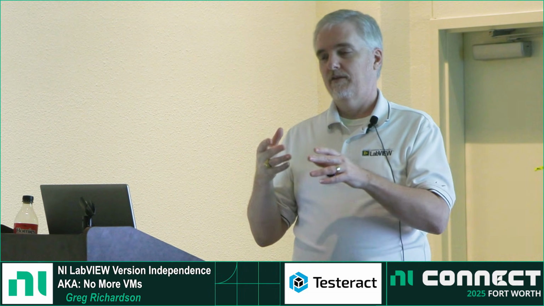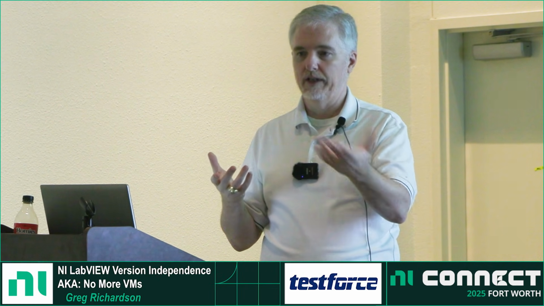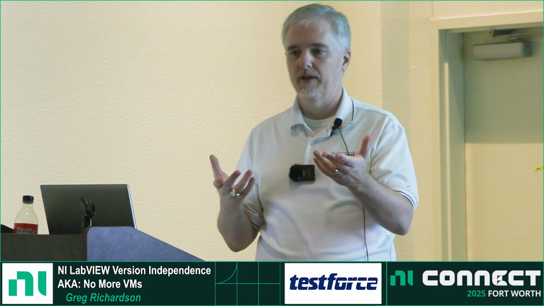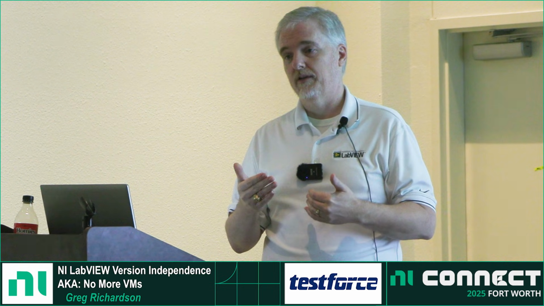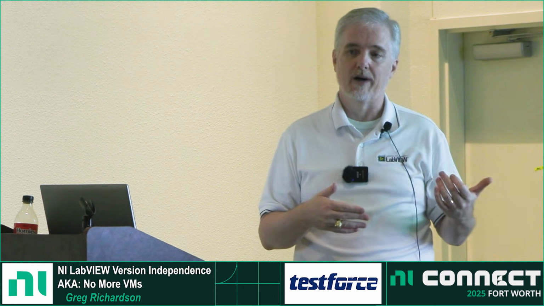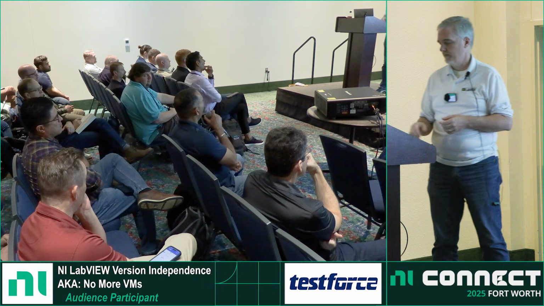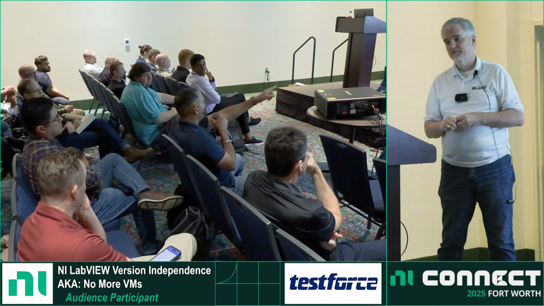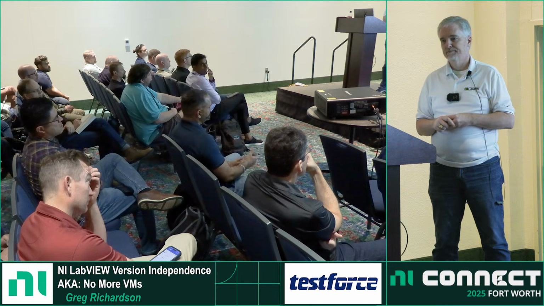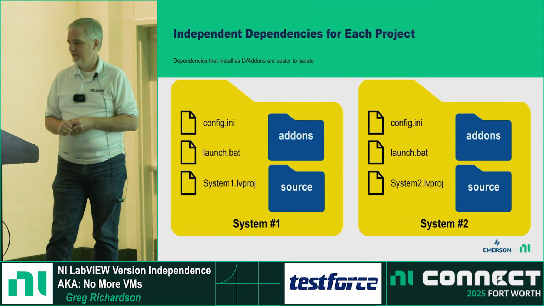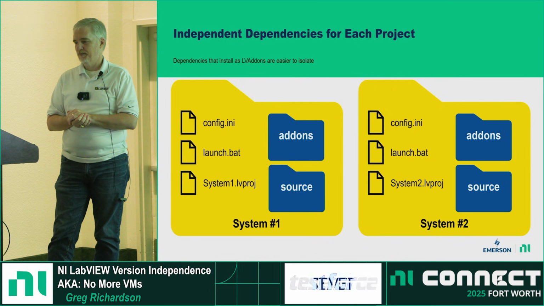Now, if you're trying to run it and there's issues because you needed the specific version of those dependencies, it's going to have a problem. So yes, right now it does take a little bit of discipline to make sure you're running with the right INI file to get the dependencies you want if you're using this approach. So you'll pretty much have a bunch of shortcuts on your desktop for each batch file, and that's how you load each project. Yeah. But I'll also touch on that, talk about the future of that later.